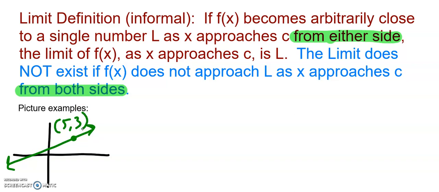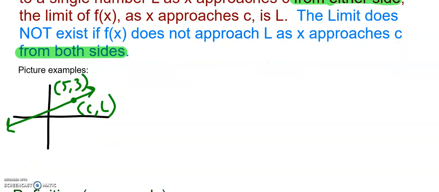I can also think of this as c, L. Okay? So the first thing I want to think about is, well, I know from precalculus that f of 5 equals 3, right? That's just function notation. Another way I could say this, for this problem, f of c equals L.